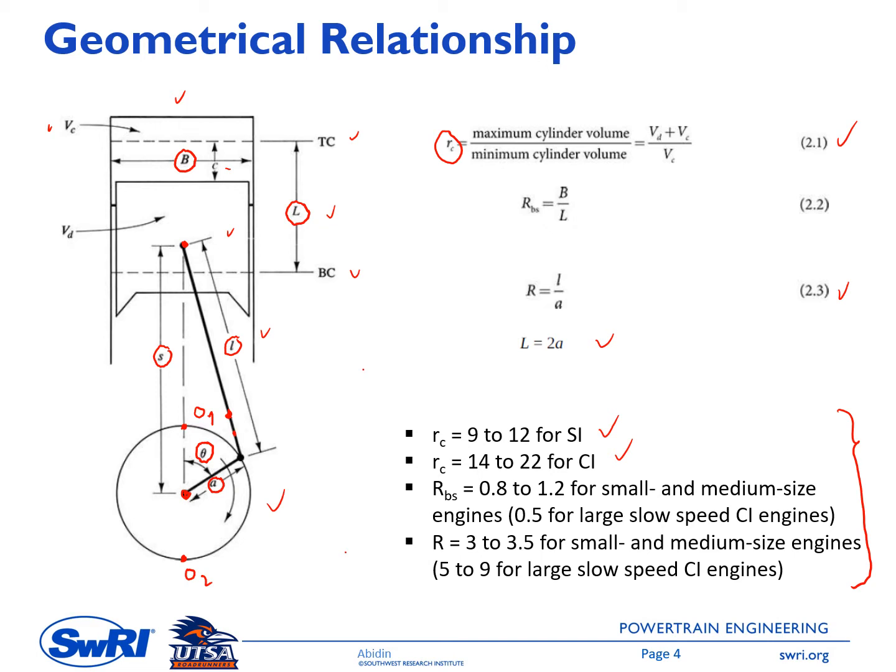The next one is RBS, which is between 0.8 and 1.2. This is for small and medium engines. Then this number drops to around 0.5 for large slow speed compression ignition engines.